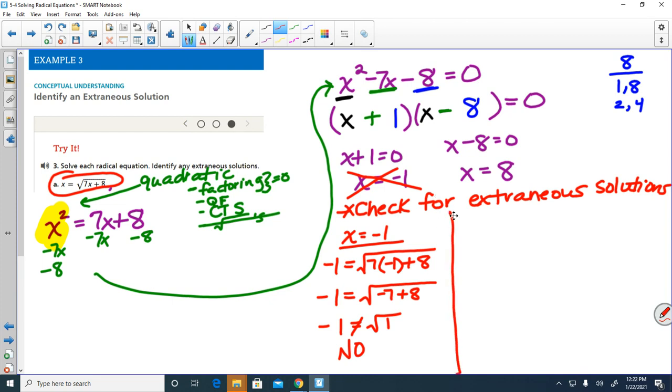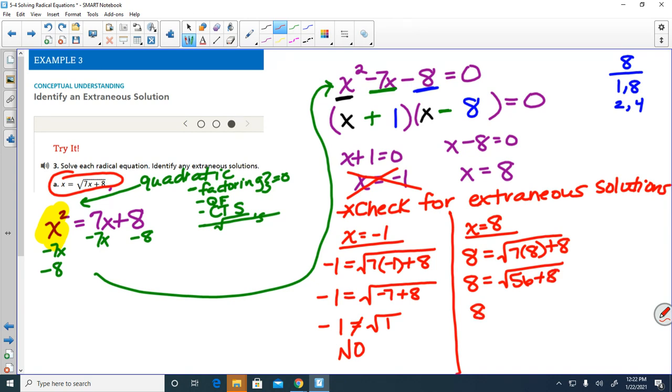Okay, now let's check x equals 8. Again, go back to the original problem, put 8 in for each x. 8 equals the square root of 7 times 8 plus 8. Is that true? Let's see, 7 times 8 is 56 plus 8.